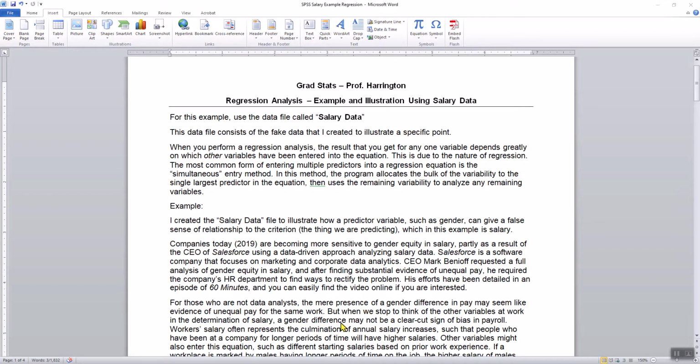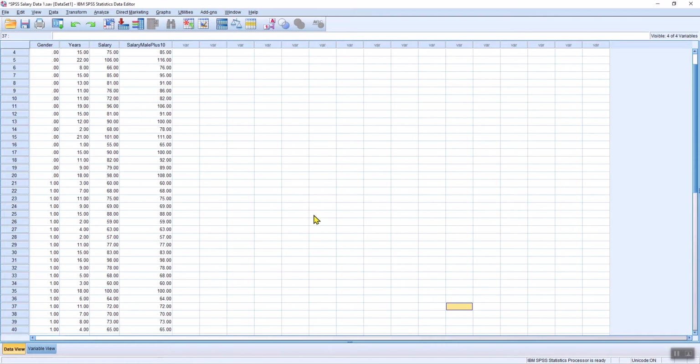So I wanted to create a data set where we can use regression analysis to investigate such an issue. And I wanted to create one where you could see both evidence of sexist pay structure and evidence of lack of sexist pay structure using the same example.